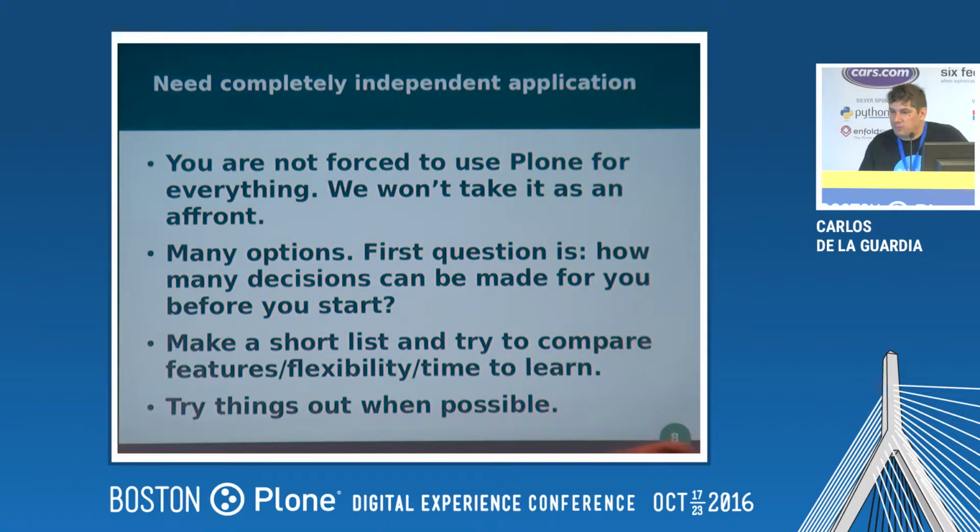One way of getting a handle on what exactly you need that we like to use is decisions. How many decisions do you want your web framework or your web application to make for you before you even start? There are full stack things like Django that already offer lots of functionality out of the box, but they already picked an ORM, they already picked the template technologies, they already picked several tools that are part of the arsenal for Django.